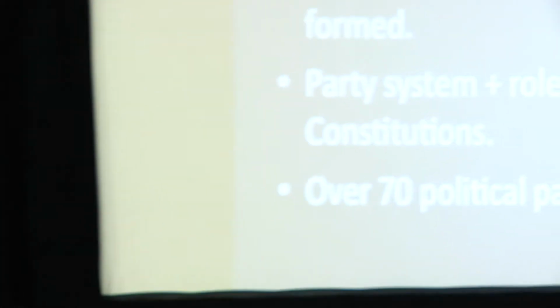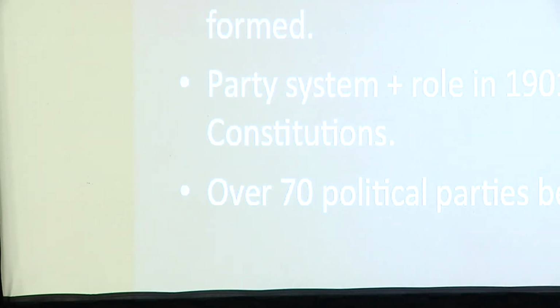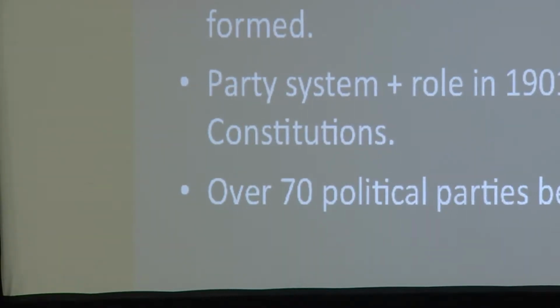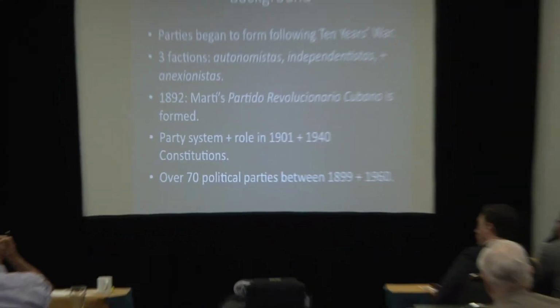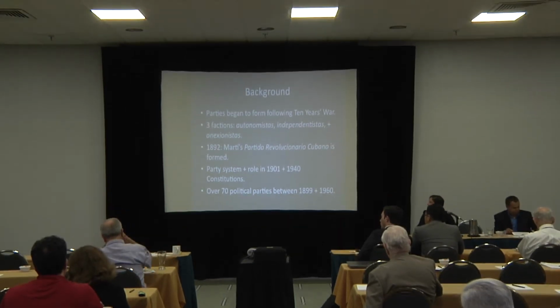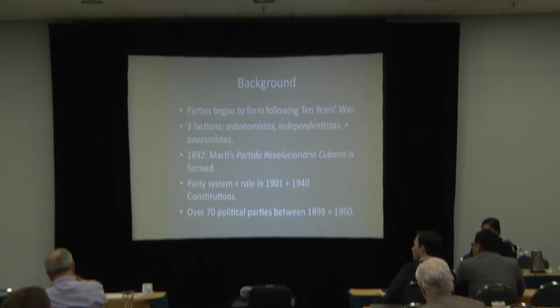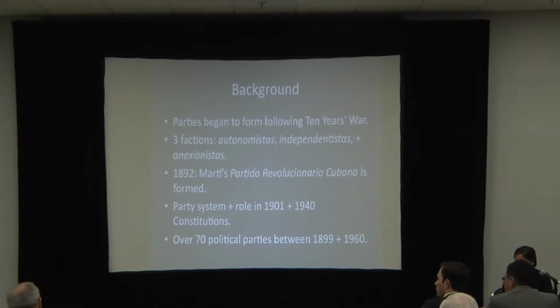Then, following the Spanish-American War of 1898, the United States comes in, and a more formal party system is set up as Cuba prepares to become independent. In the 1901 Constitution, there isn't much detail as to the party system that's going to be implemented, but there is a provision to establish a party system that's pluralistic and inclusive.